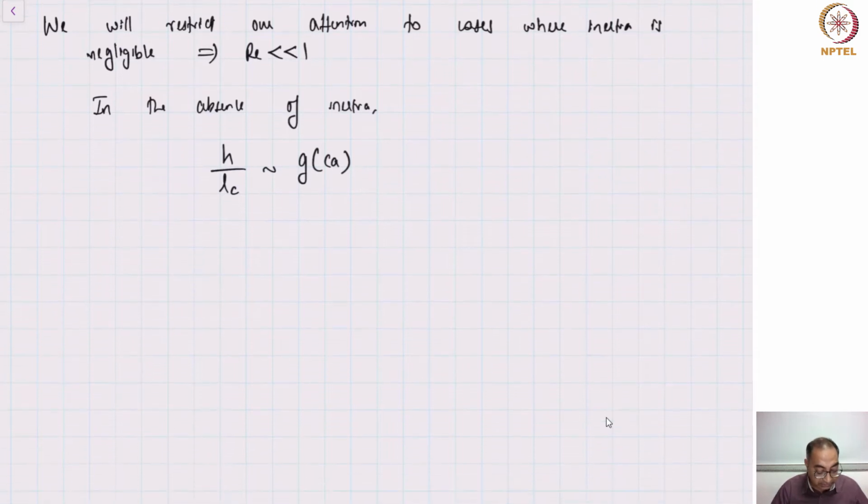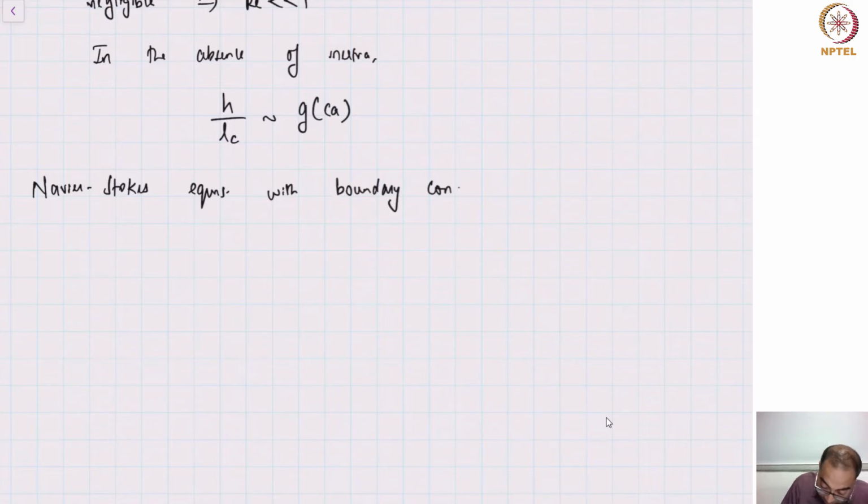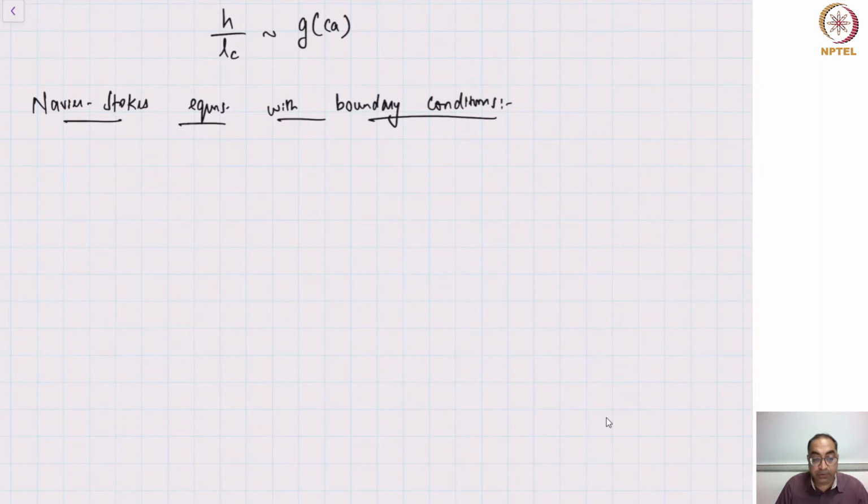So let's start with Navier-Stokes equations with boundary conditions. So we'll write down, this is only for the liquid that is being coated.